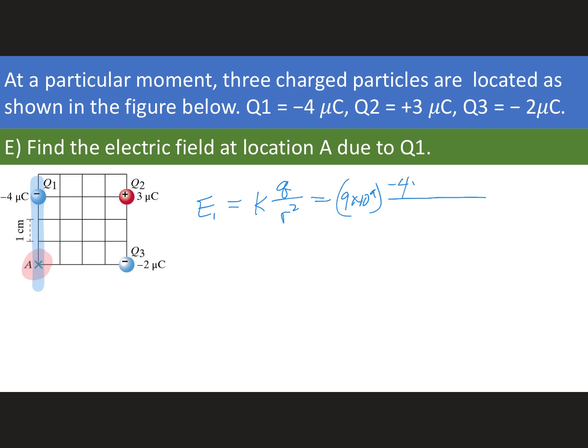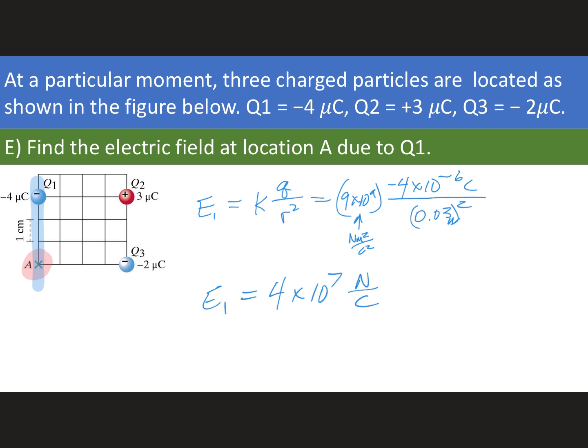Q1 is minus 4 times 10 to the minus 6 coulombs, and that distance looks to be 0.03 that gets squared, meters squared. This has units here of newton meter squared per coulomb squared, by the way. So E1 is just going to end up being 4 times 10 to the 7th newtons per coulomb.